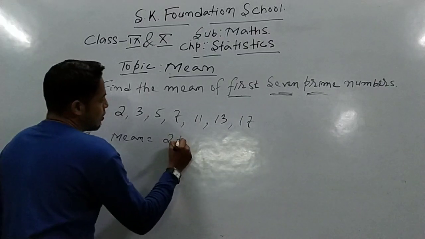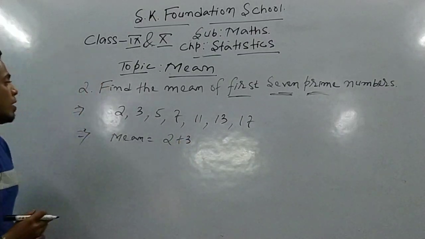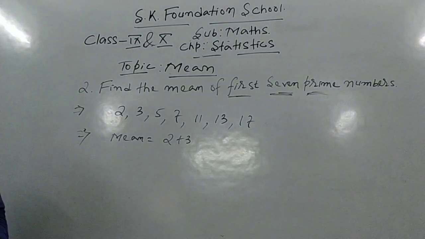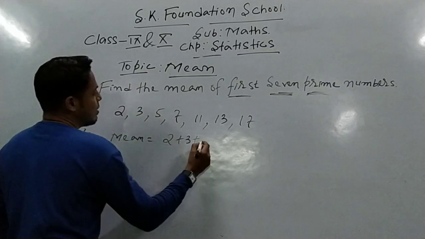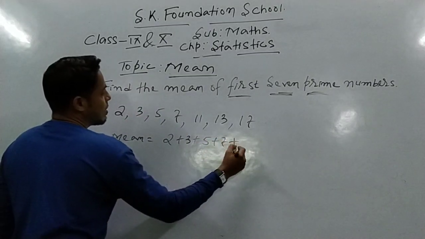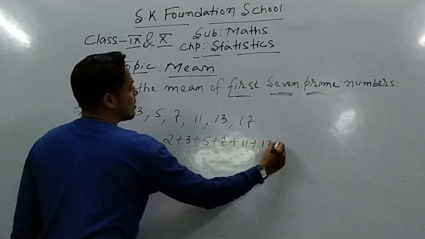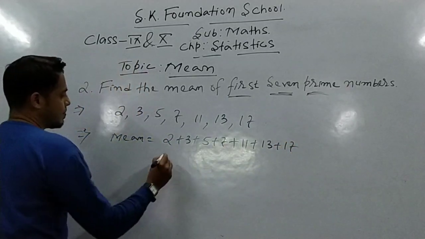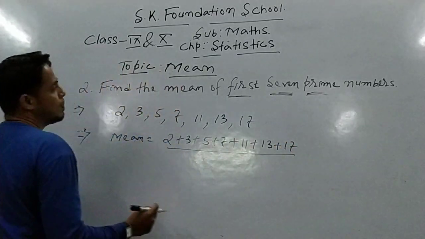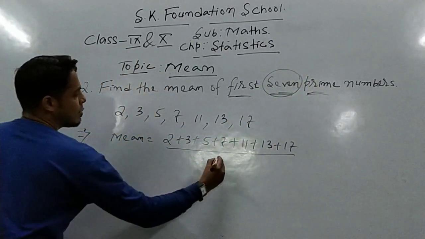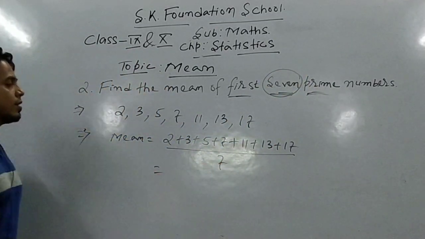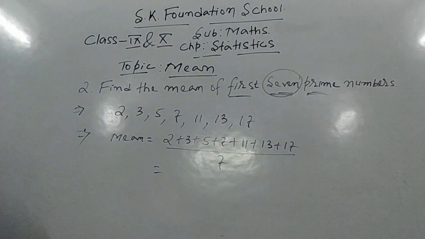Our formula is sum of all observations by total number of observations. So 2 plus 3 plus 5 plus 7 plus 11 plus 13 and 17, divided by 7, since there are 7 prime numbers.